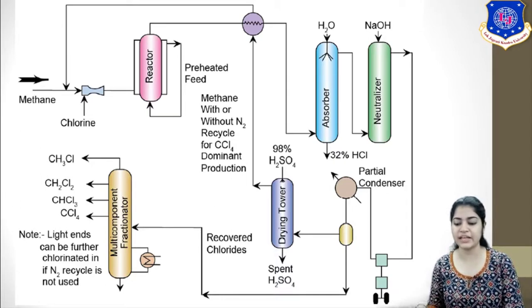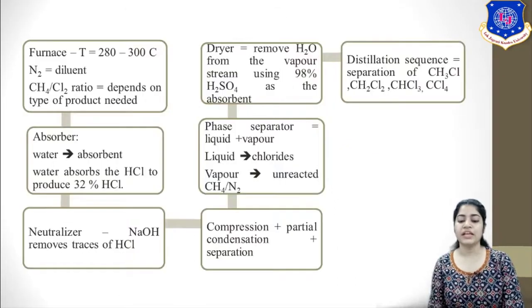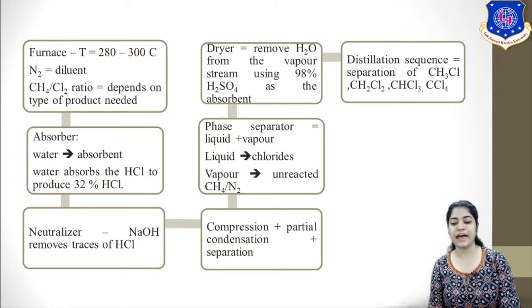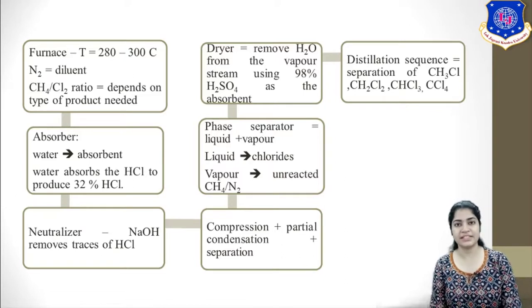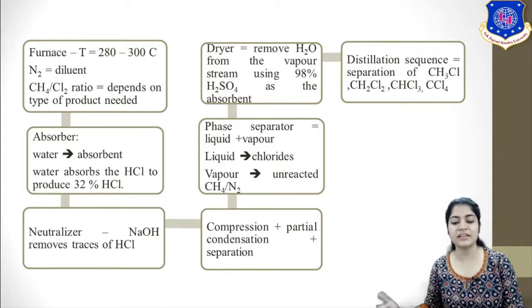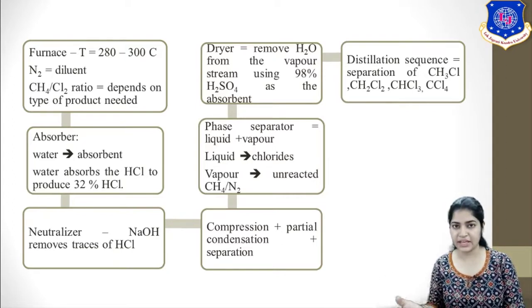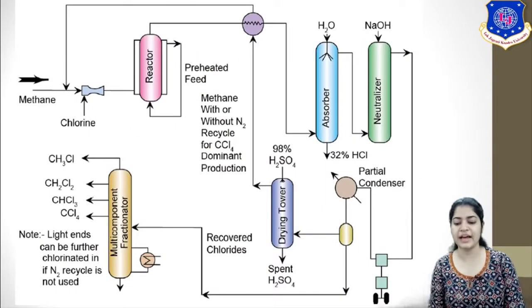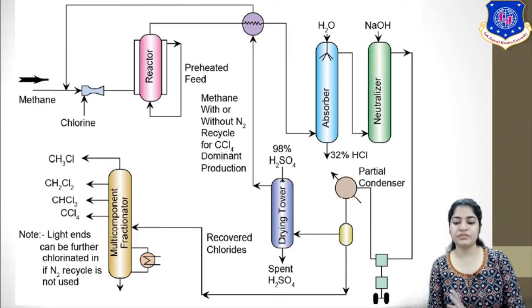You can see that yellow figure, that is your separator. In the phase separator, liquid and vapor phases are separated. Your liquid is rich in chlorides, whereas your vapor is unreacted methane and nitrogen. So the phase separation has taken place.